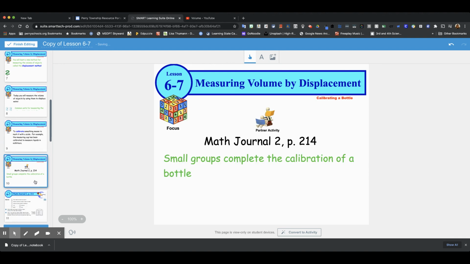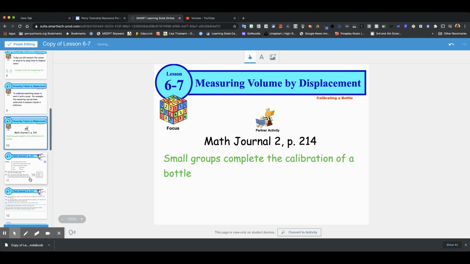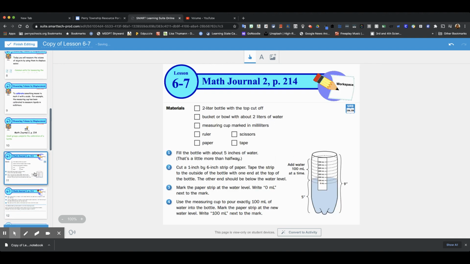So, if you turn to page 214 in your math journal, I'm just going to talk through this activity that you could do at home if you have the correct materials. And again, we understand that you might not have these at home, so we're just going to talk about this activity. So here it says the materials that you would want to do this experiment, connecting with measurement of volume by displacement.